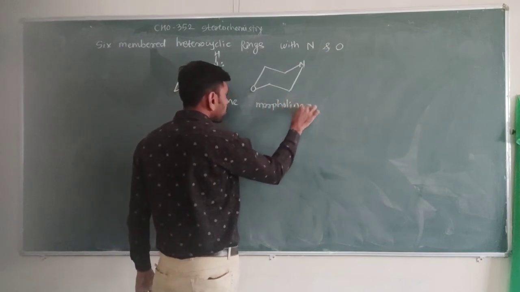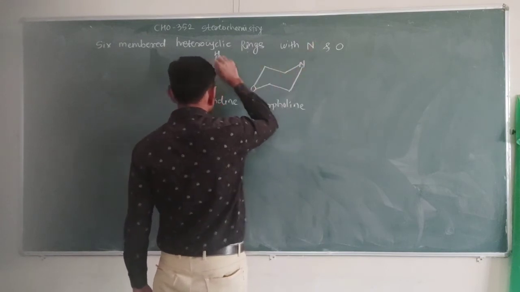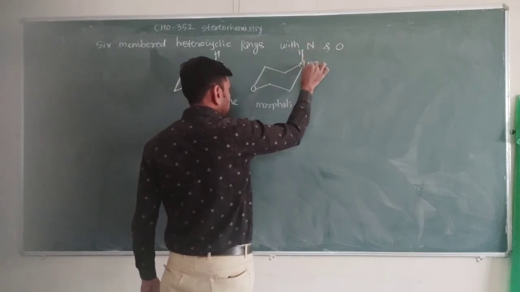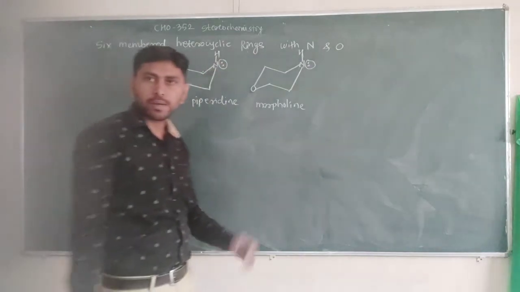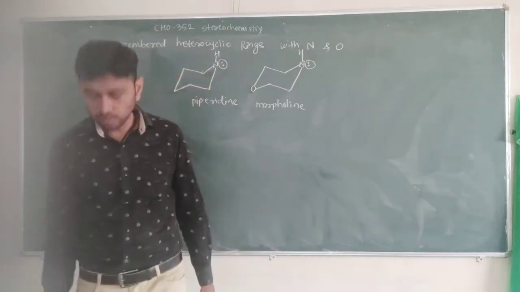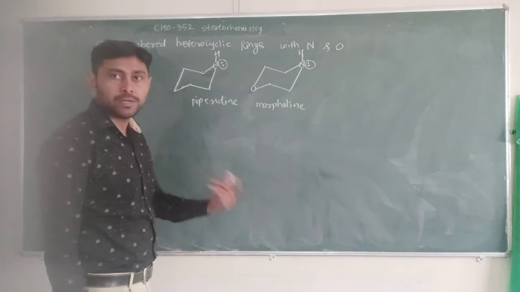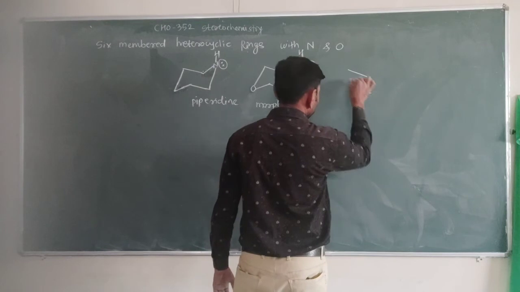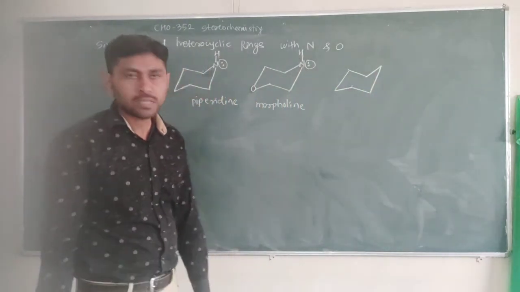These are 6-membered heterocycles containing nitrogen, and here nitrogen and oxygen. We have to study morpholine and piperidine, see the conformational analysis of these two, and compare it with cyclohexane.